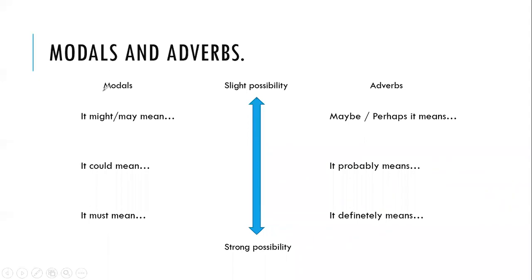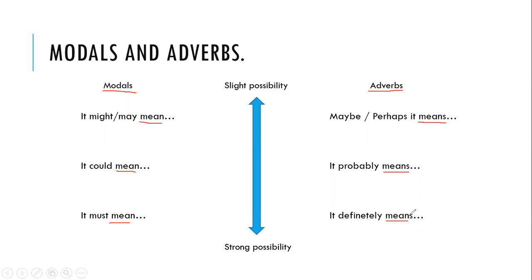If we are working with modals, the verb mean is going to be in its base form. But if we are using an adverb, we are going to use the verb conjugated into its third person by using an S. So that is the first difference, the first and the only difference.